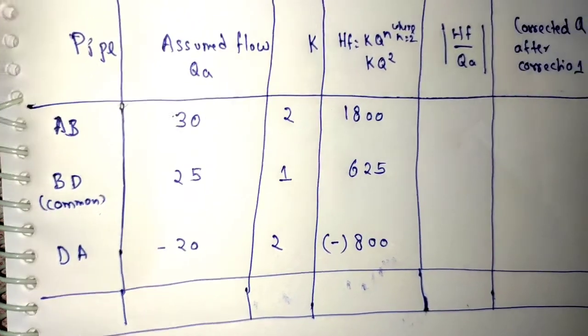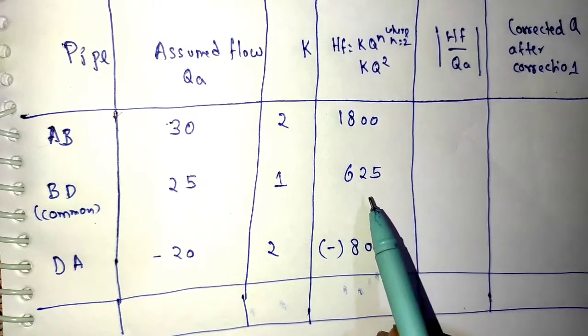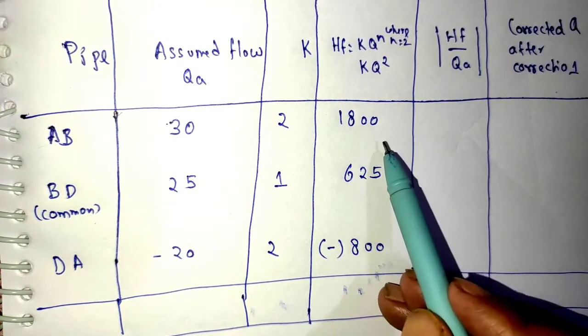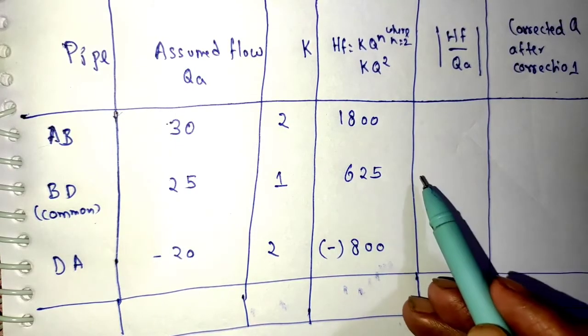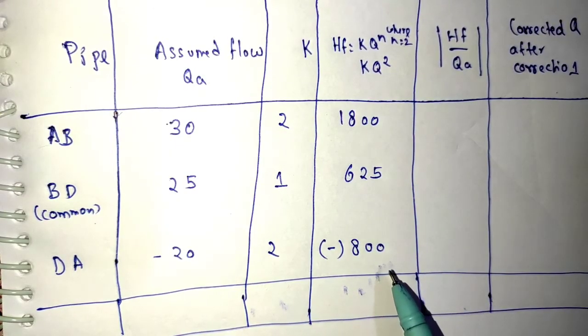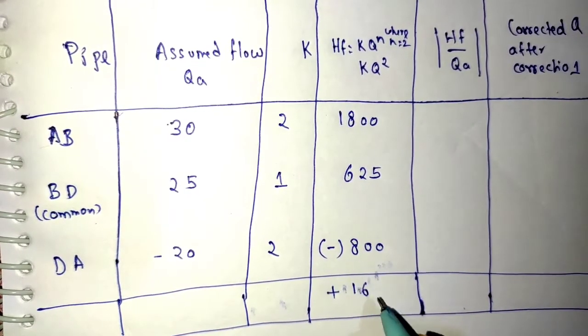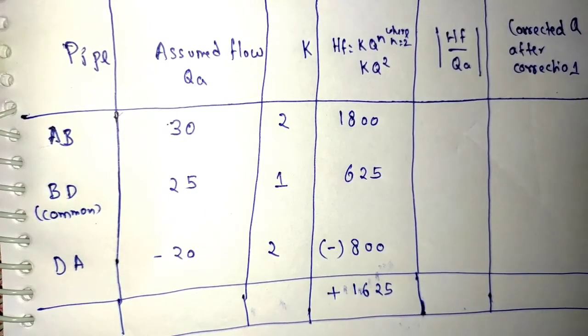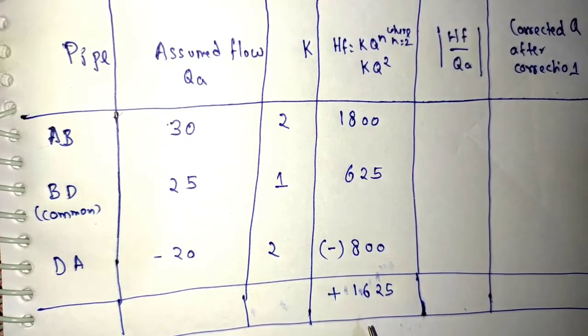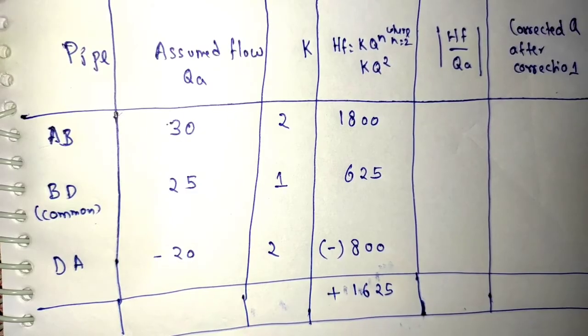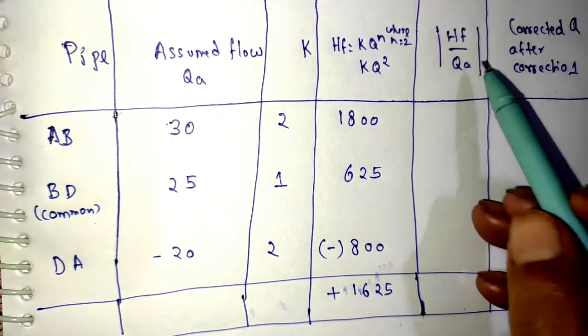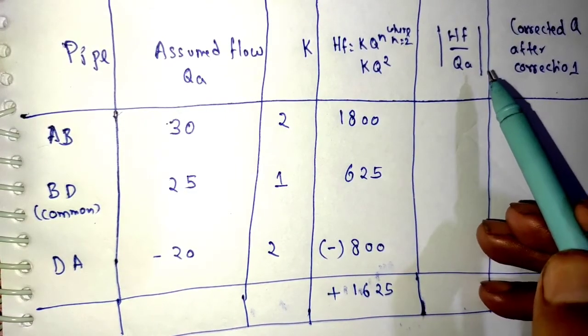So since it is sigma HF, 1800 plus 625 is 2425. 2425 minus 800 is 1625. So we can write positive 1625. This is what our sigma HF is, right? Now we'll move on to HF by QA, right?